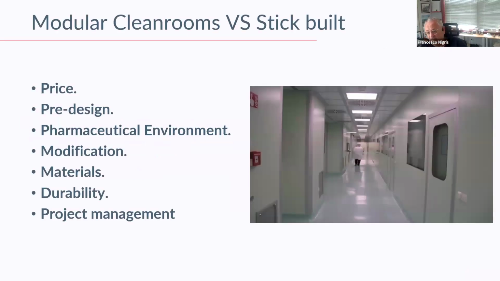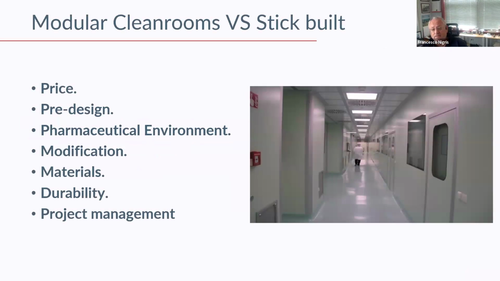One of the things is materials. The material of the modular panel, no matter who's manufacturing, not only us at Nicos, but us and all our competitors, is far better than any stick-built.